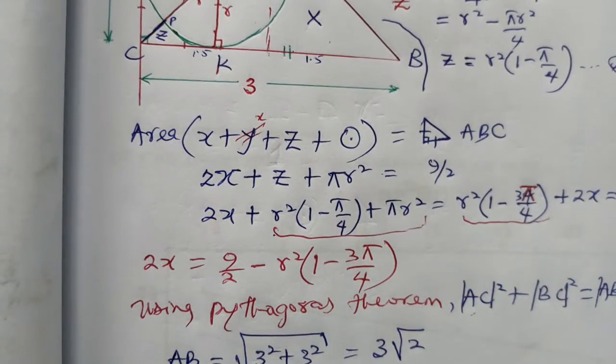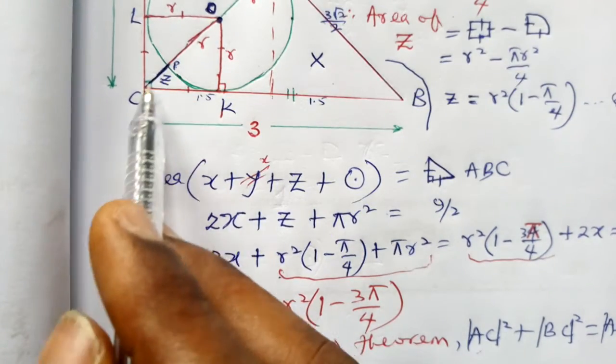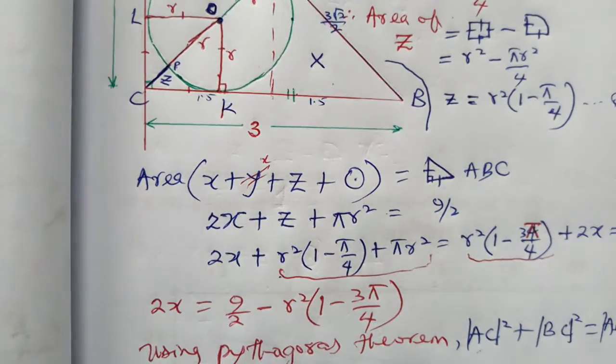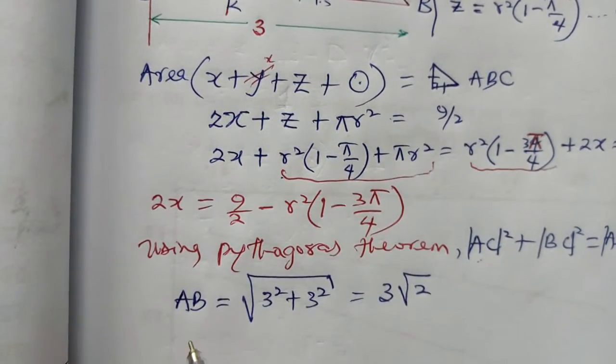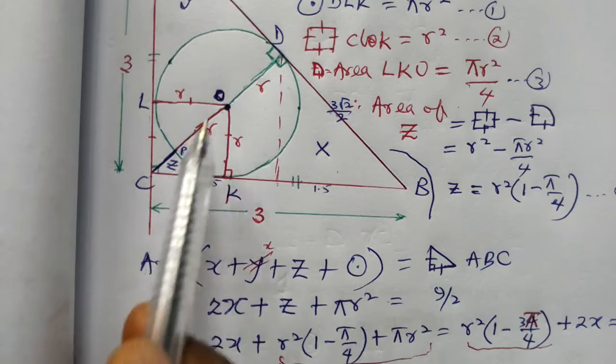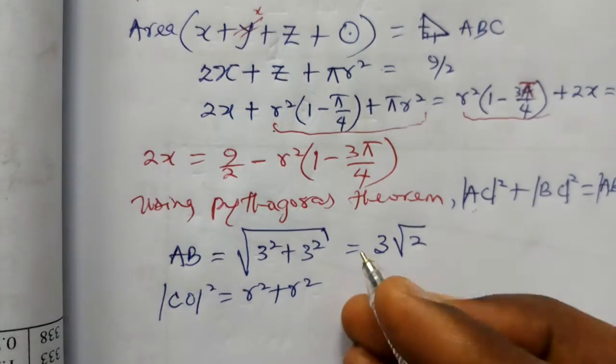So what we now have is that, first of all, in order to get the length CP, because we don't know it, we can use this to find the diagonal. We can also use Pythagoras theorem and say that CO squared is equal to r squared plus r squared. CO squared is this line, for that right angle triangle.